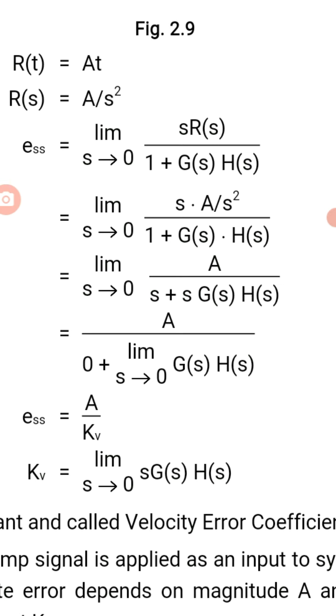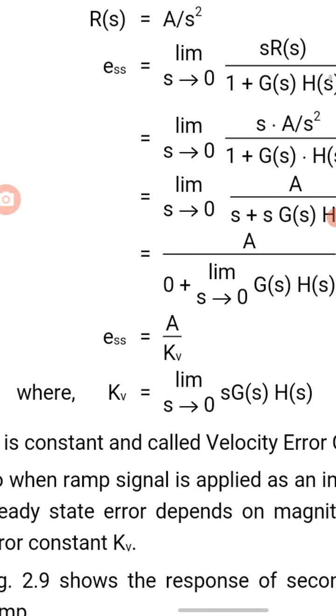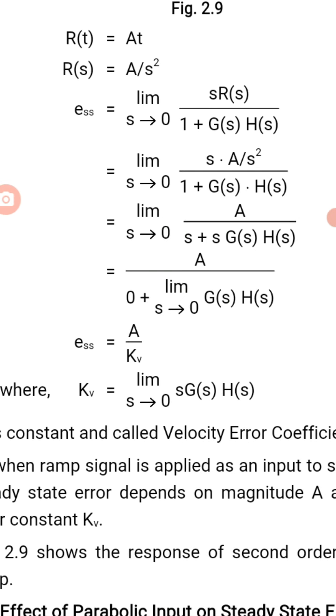Then the steady state error equation changes to ESS is equal to A upon Kv, where Kv is given by limit s tends to 0 of s into G of s into H of s. So ESS is equal to A upon Kv, whereas for step input it is A upon 1 plus Kp.